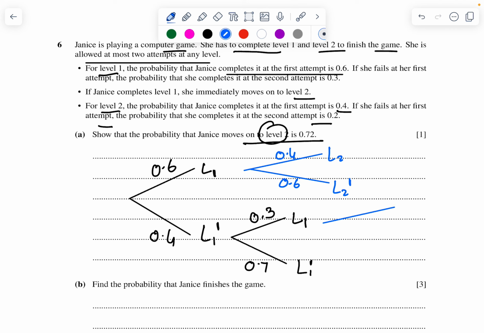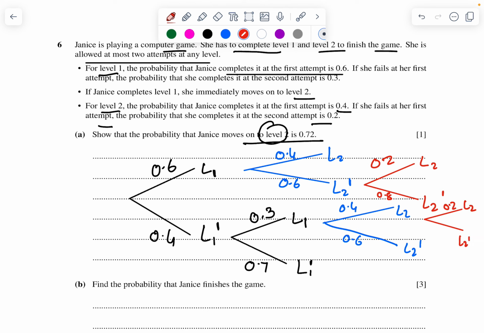If she fails in that first attempt, the probability that she completes it in the second attempt is 0.2, and not complete 0.8. The same applies to the other branch: level 2 complete or not complete, 0.4 and 0.6, then again 0.2 and 0.8.